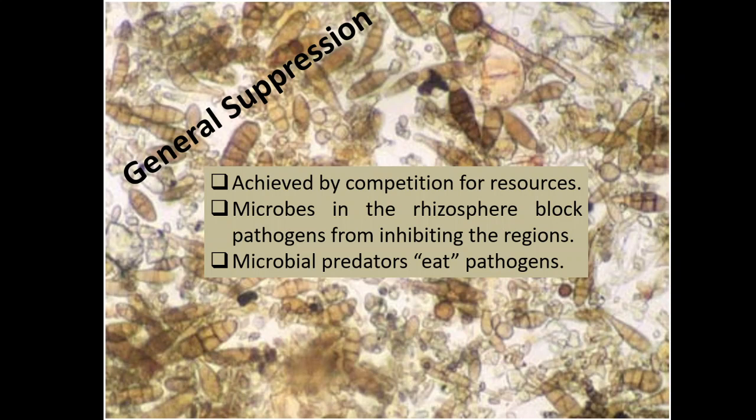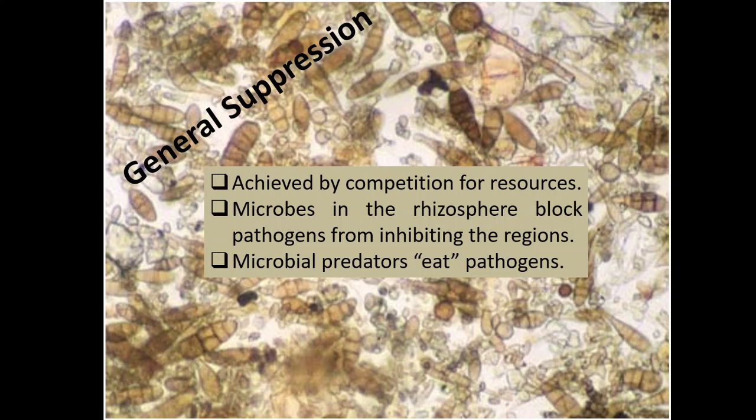In these soils, a large active microbial community and associated soil fauna compete for energy, nutrients, and other substances required for pathogen survival and growth. So free-living soil microorganisms that live in the rhizoplane, for instance, and the rhizosphere will occupy favorable habitats and thus block pathogens from inhabiting these regions.